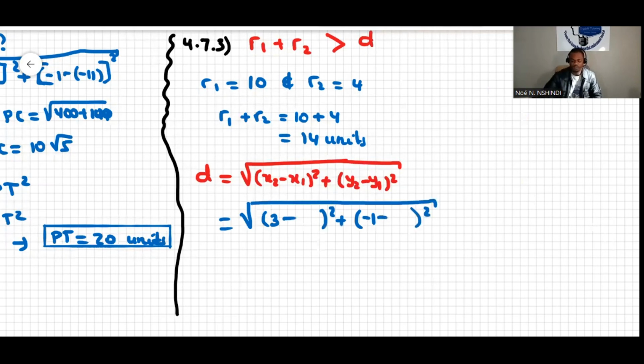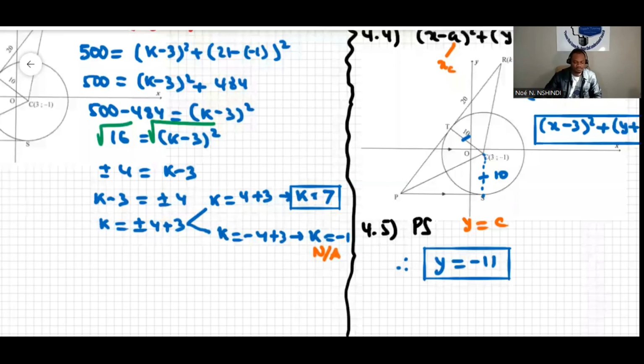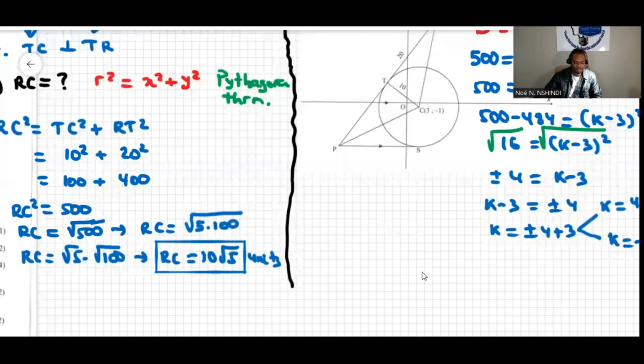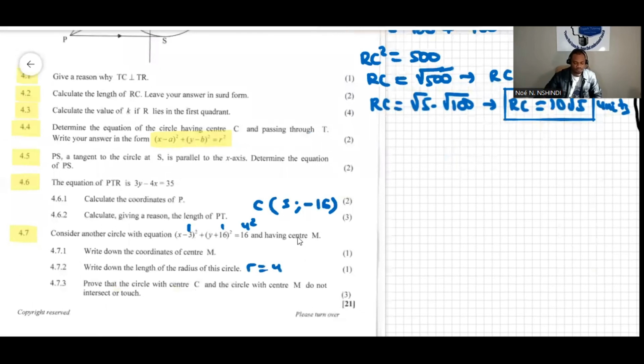The coordinates of the other center are 3 and -16.